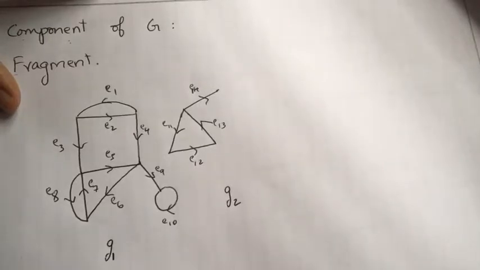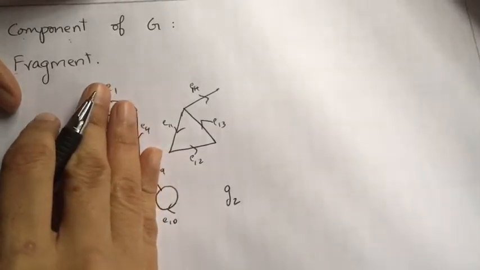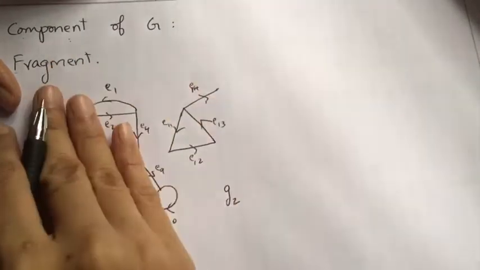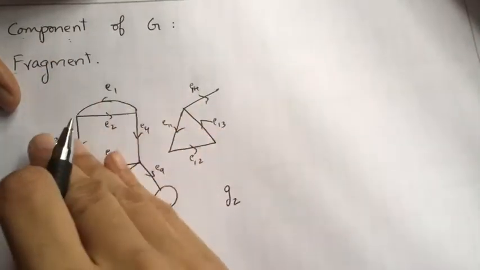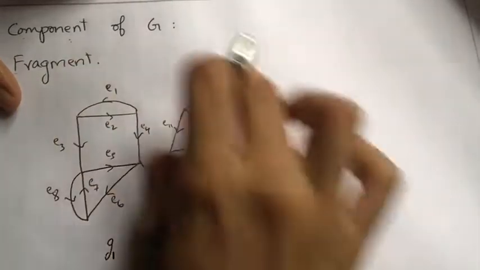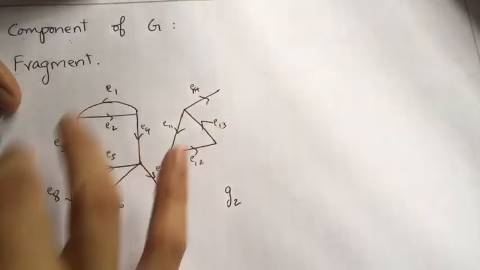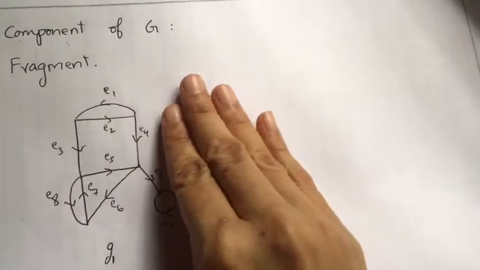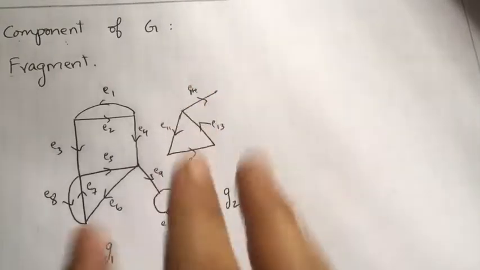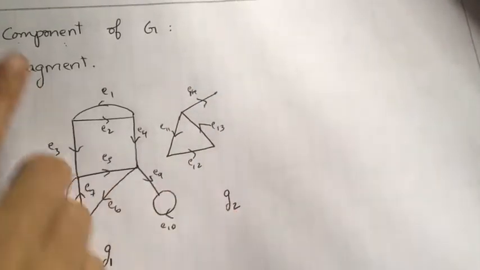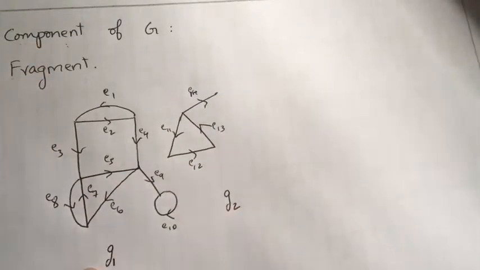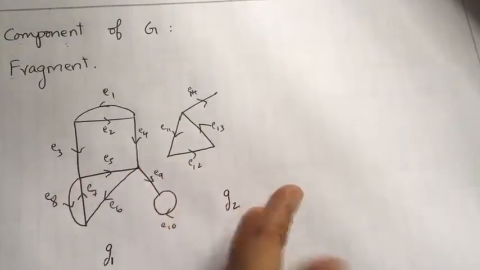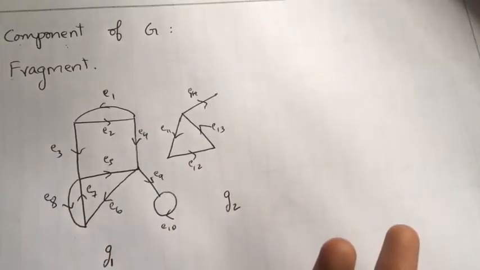See, it's a maximal weakly or strongly connected subgraph of a digraph. This whole is a digraph. Each maximal weakly or strongly connected subgraph of a digraph is called a component. So G1 and G2 are the components. These subgraphs may be strongly connected or weakly connected.